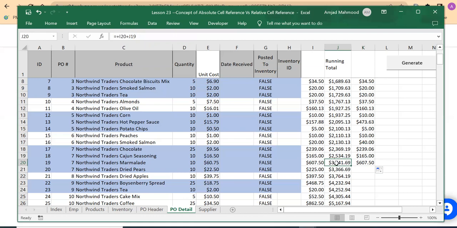The running total is the amount so far received, without taking into consideration whether it is some product or not, irrespective of the product name. But here, with respect to the product name, how much total has so far been, including this 34. So it is 34 in the beginning, right?